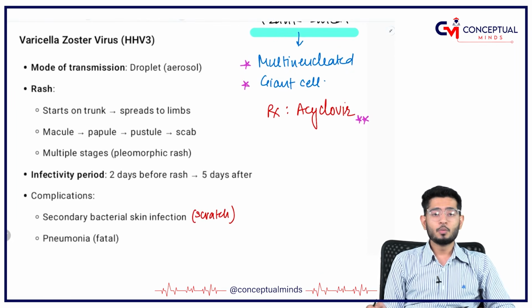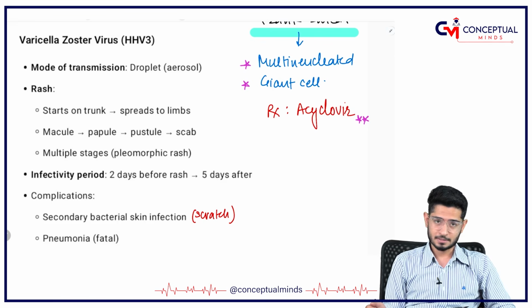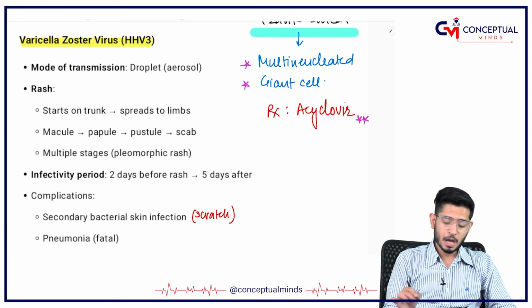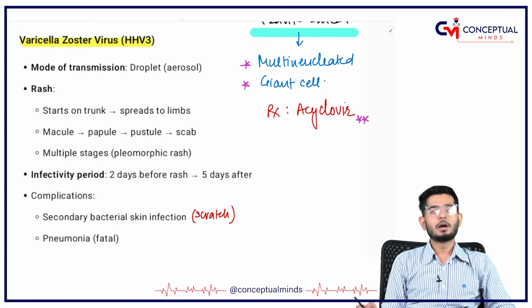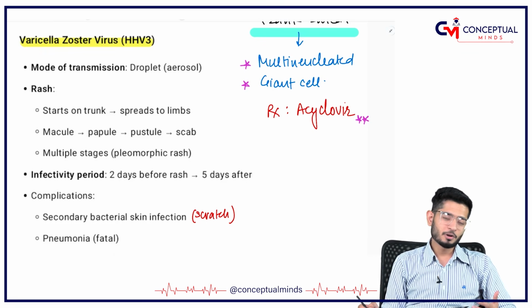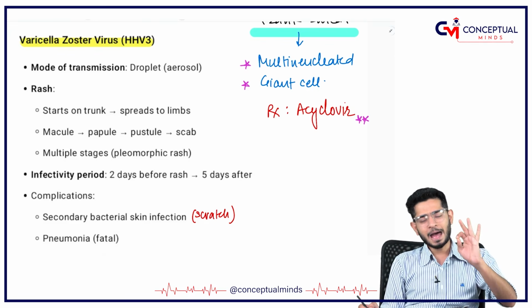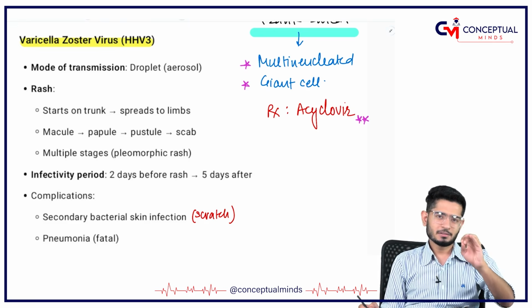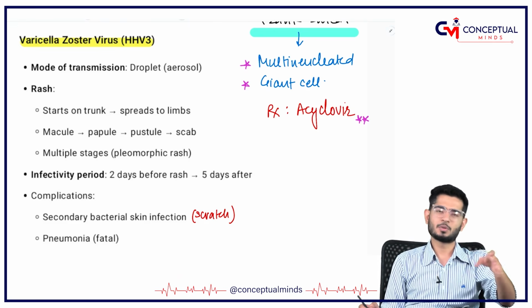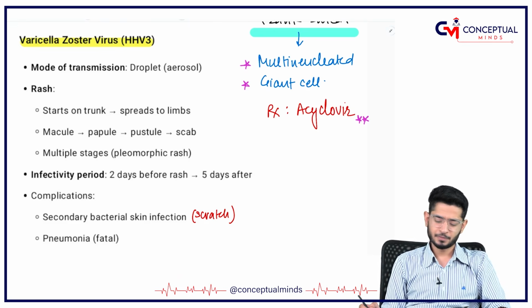Coming on to Varicella-Zoster virus, that is HHV3. I am sure most of you, or most of your contacts, have had Varicella-Zoster infection once or twice in their whole lifetime.